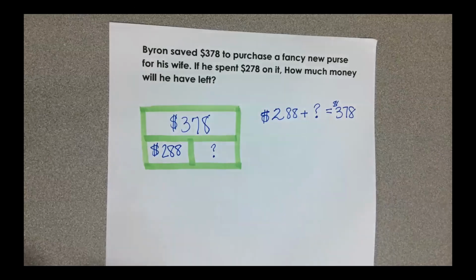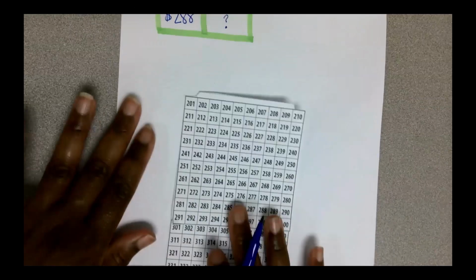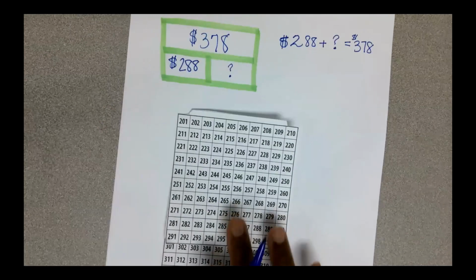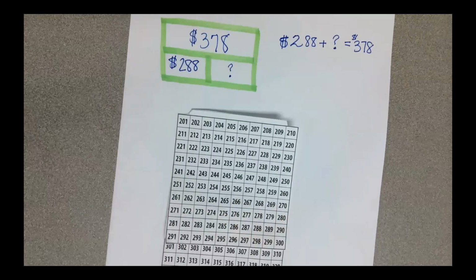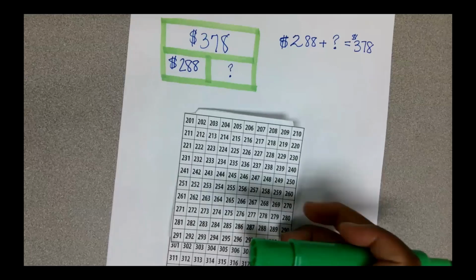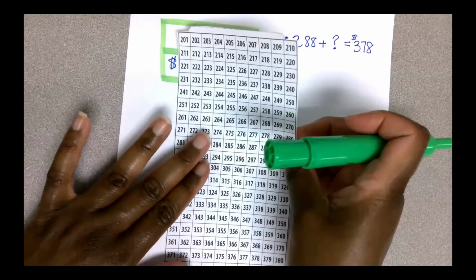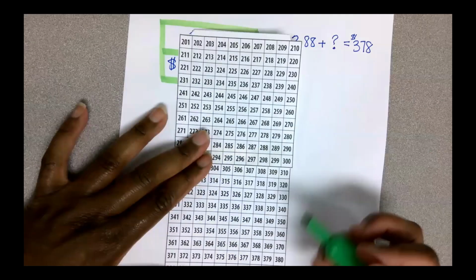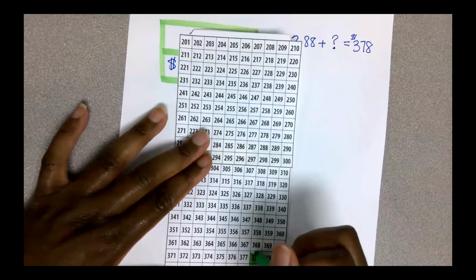So, because we know that 378 appears between 301 and 400, I will highlight it on this portion of the thousands chart. So I'm just going to go straight to 378. And I'm going to highlight that number.